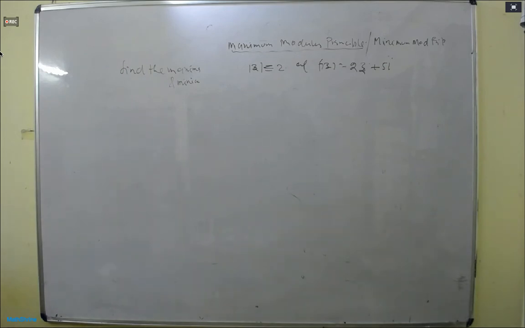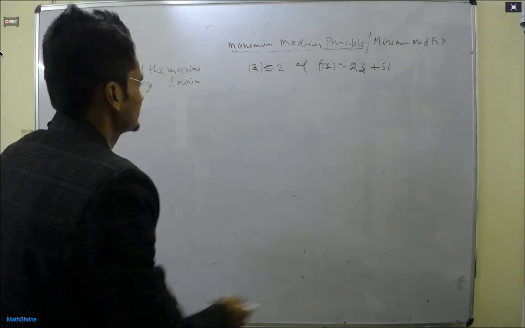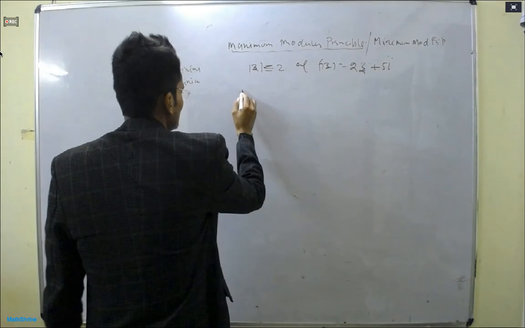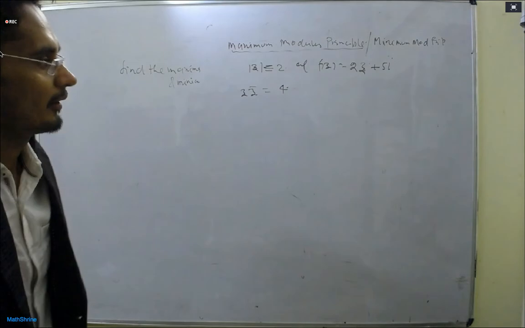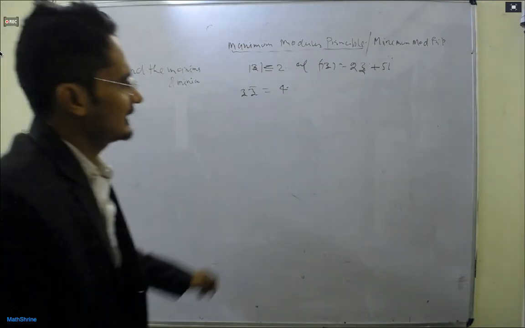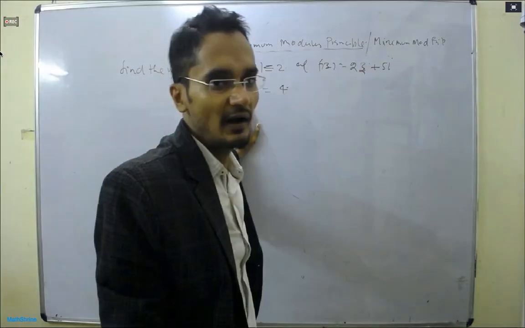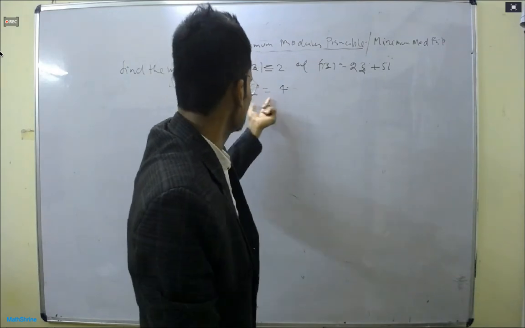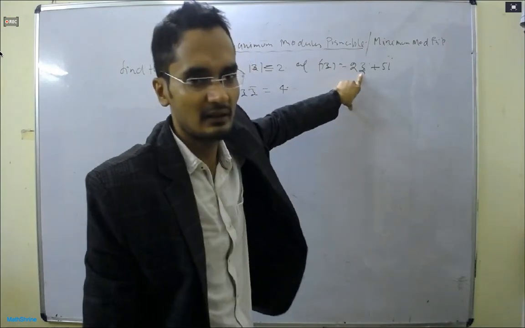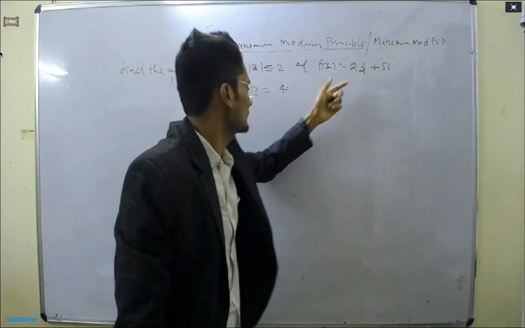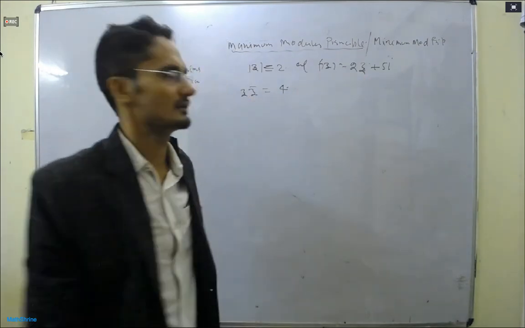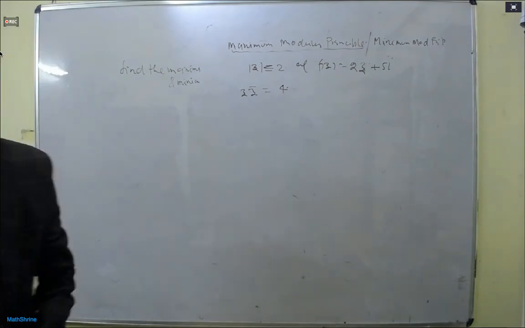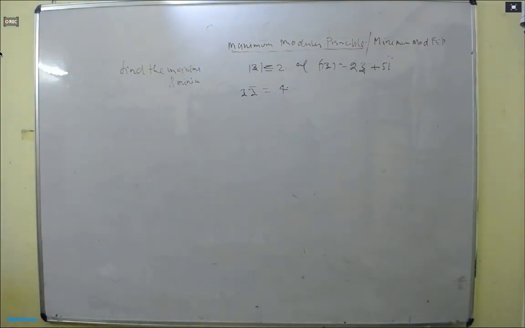Just replace this number, since maxima is happening on the boundary. So just take this as z simply and put it here. That will be your answer.